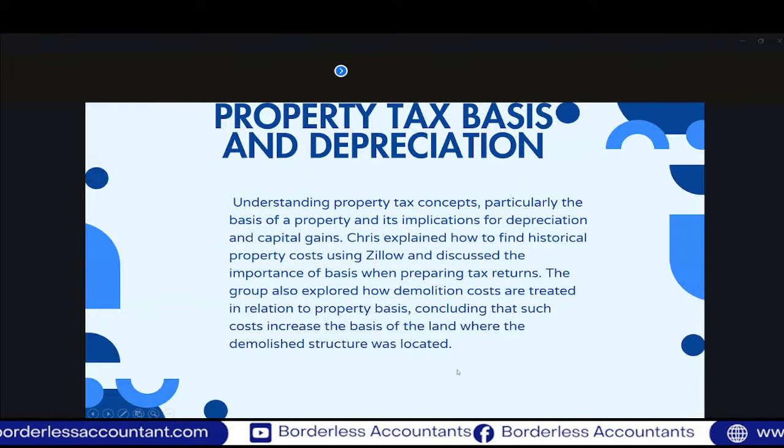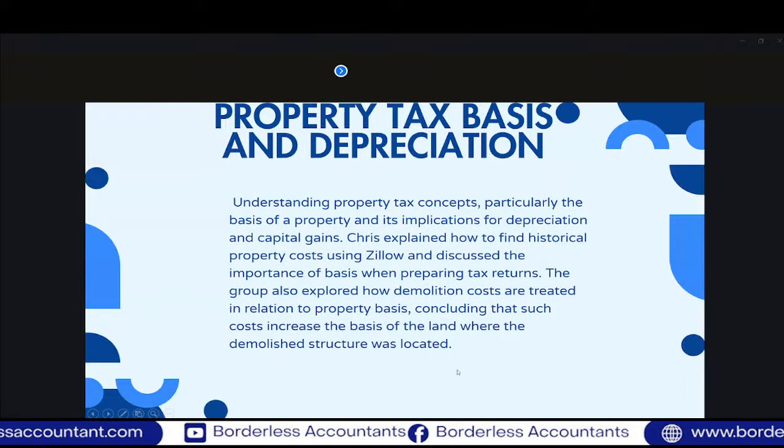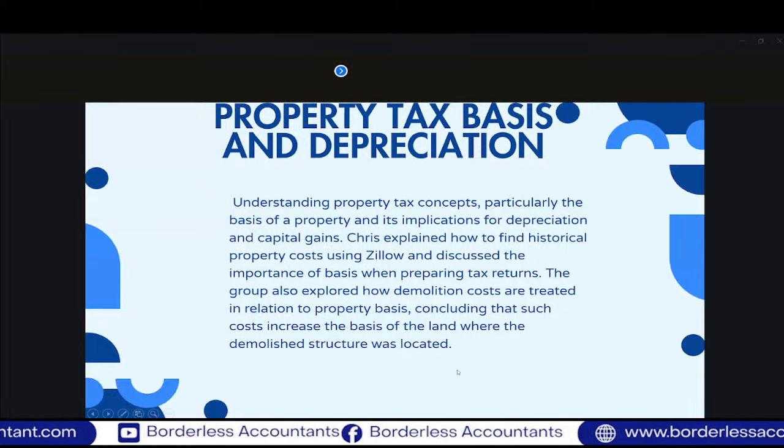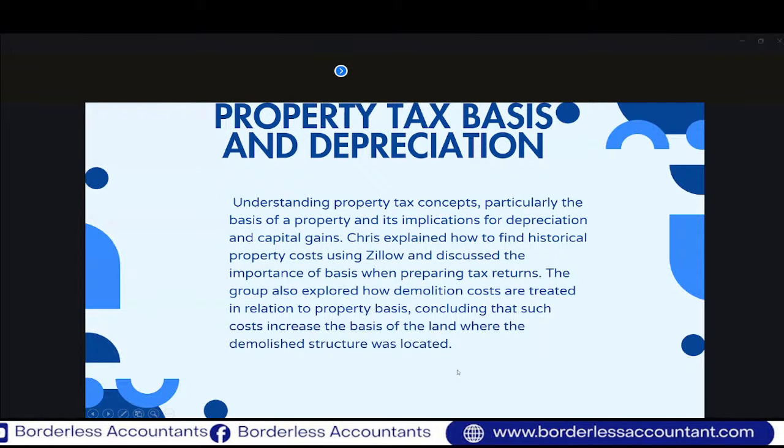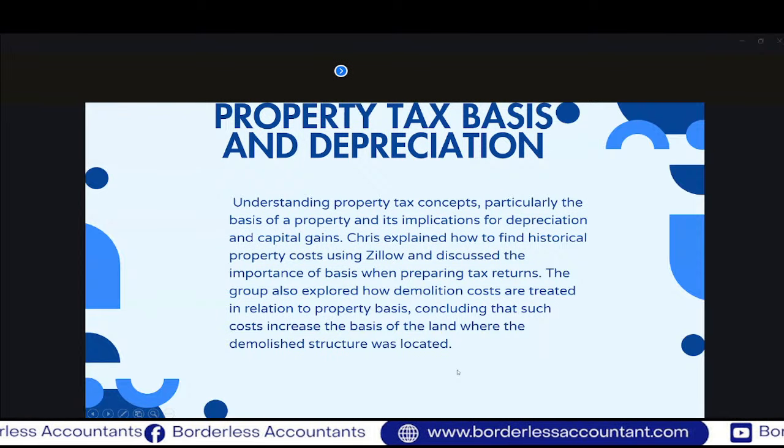The remaining book value of the demolished building also becomes part of the land cost.